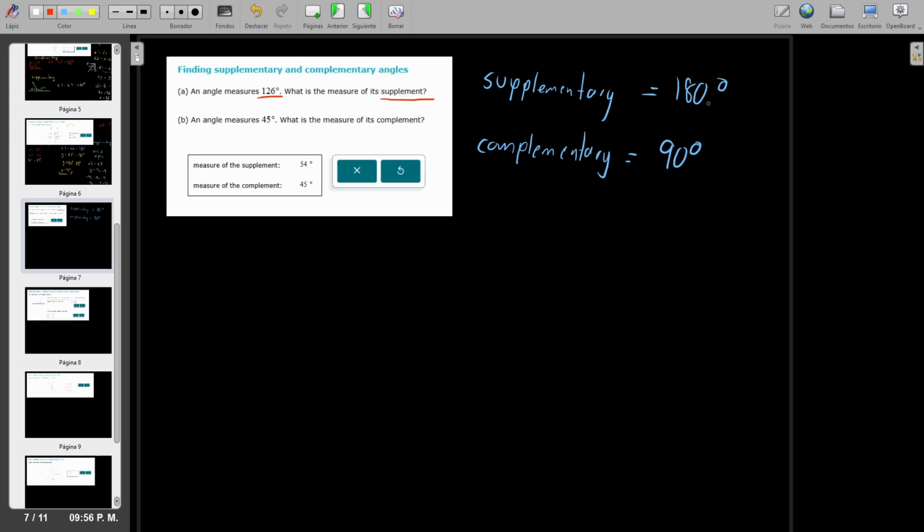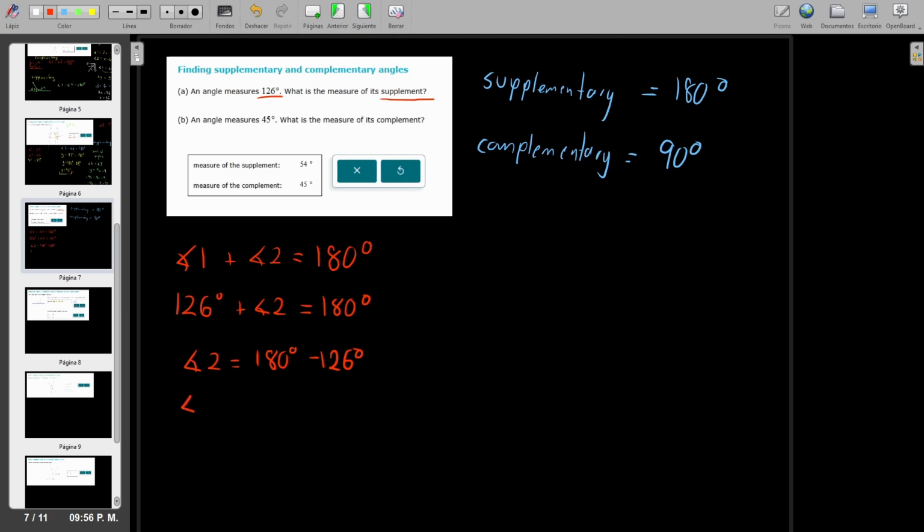The supplement is 180. So they're asking for the other angle. So it's the first angle. In this case, I put angle 1 plus angle 2 equals 180 degrees. We said that angle 1 is equal to 126 degrees. The value of 2 is going to be 180 degrees minus 126, which is 54.